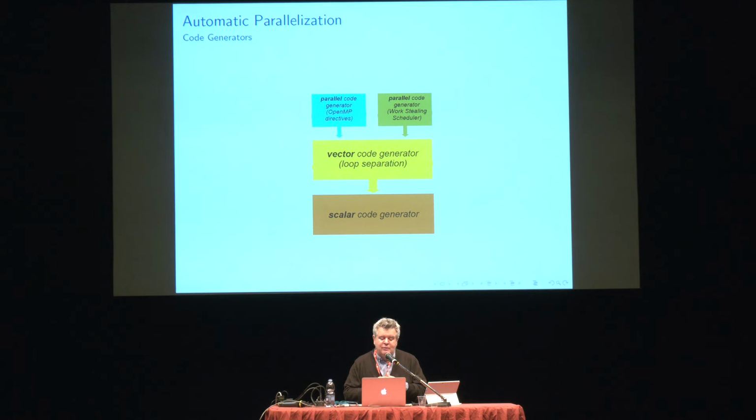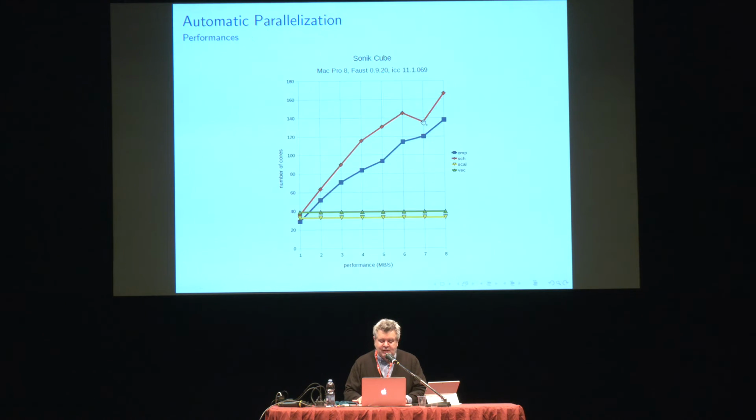And so in Faust we have quite efficient parallel code generators using either a standard called OpenMP or our own scheduler based on the idea of a work stealing scheduler. Well, okay, so it means that you can use this to exploit the fact that you have a multi-core machine.